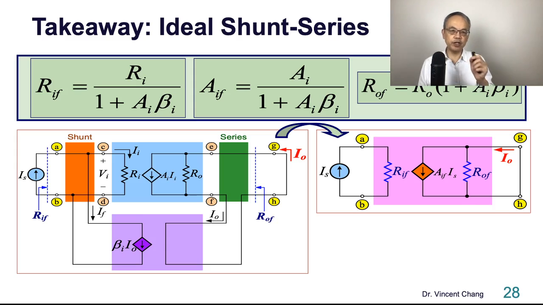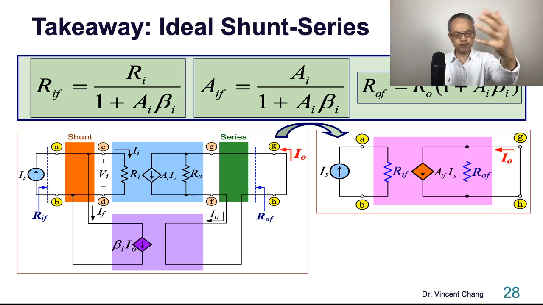I think this is very, very, we kind of try to warm up and go through all the topologies. Because it's the ideal structure. Ideal series shunt feedback in the previous lecture, and this lecture is the opposite of the series shunt, ideal shunt series.